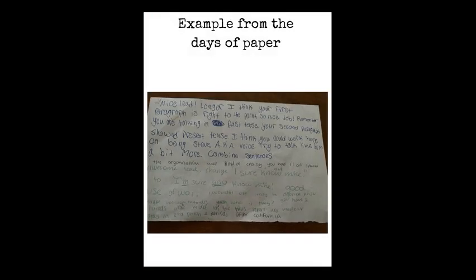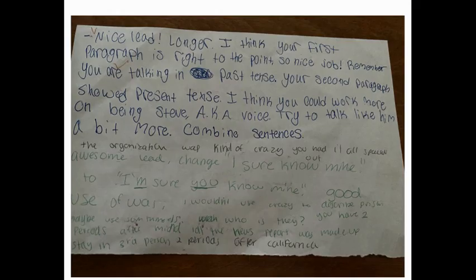Now, here's an example of some feedback that writers have given other writers, in our days of paper. I found this in my office and I thought, I love how well done this was. Nice lead, longer. I think your first paragraph is right to the point, so nice job. Remember, you are talking in past tense. Your second paragraph showed present tense. I think you should work more on being Steve, aka voice.